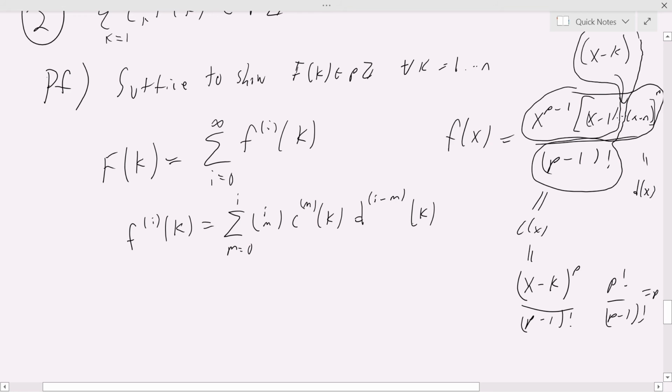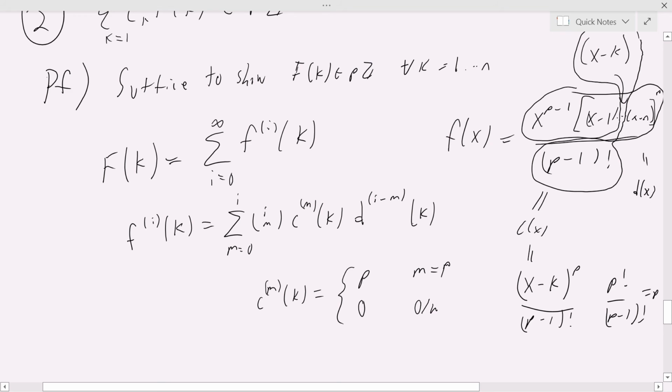So just to write that all out, the mth derivative of the c function evaluated at k is going to be equal to either one of two things. Either it'll be equal to p in the special case that m equals p, so the number of times that we differentiate is exactly the degree of the polynomial, or otherwise, if m is any other number of times that we've differentiated, then we're going to end up with 0.